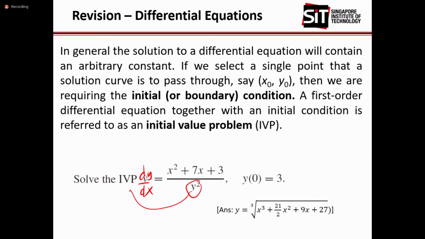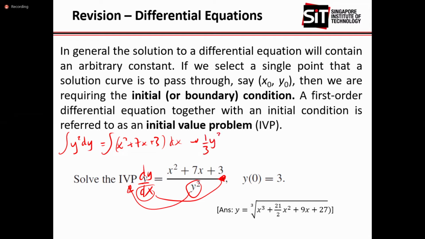So we take y to the left-hand side and we take dx to the right-hand side, so that we have the integral of y squared dy is equal to the integral of x squared plus 7x plus 3 dx, which solves as 1/3 y cubed is equal to 1/3 x cubed plus 7 over 2 x squared plus 3x plus c.